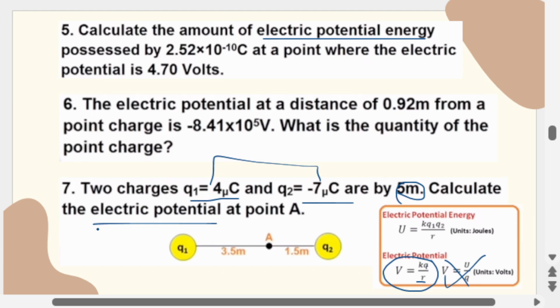Since we're talking about the electric potential at point A, point A experiences two potentials at the same time: the potential from Q1 and the potential from Q2. To find the electric potential at point A, you need to find potential 1 from Q1 and potential 2 from Q2.